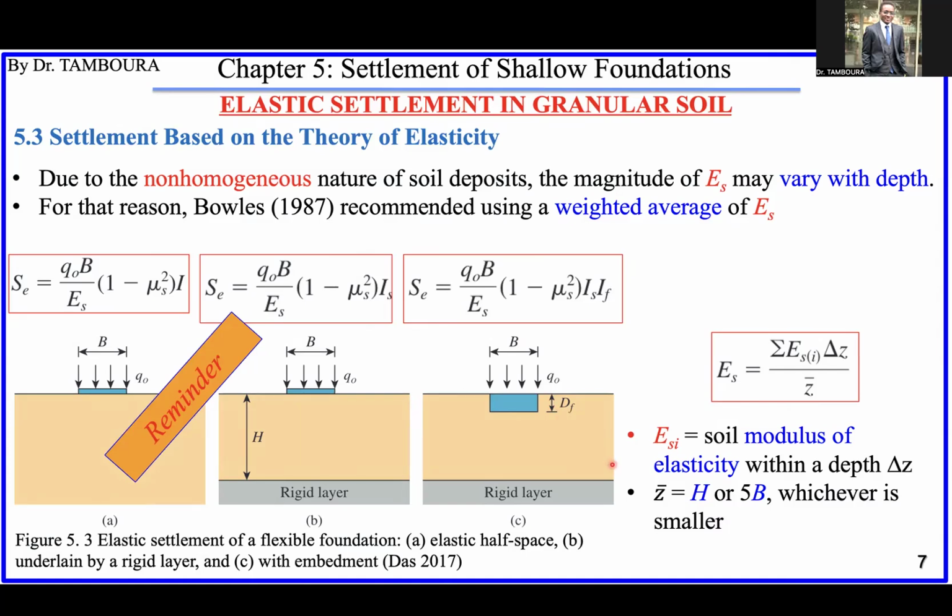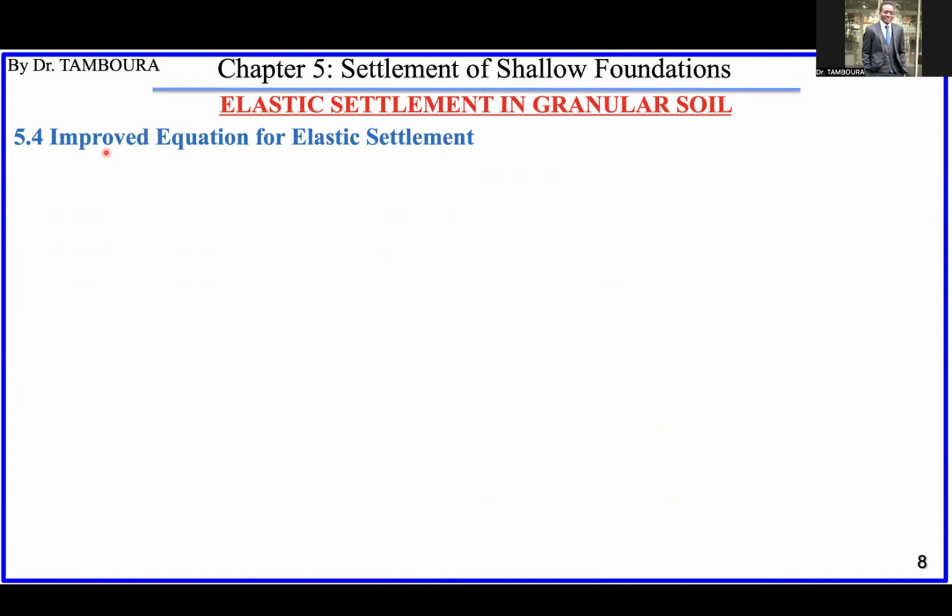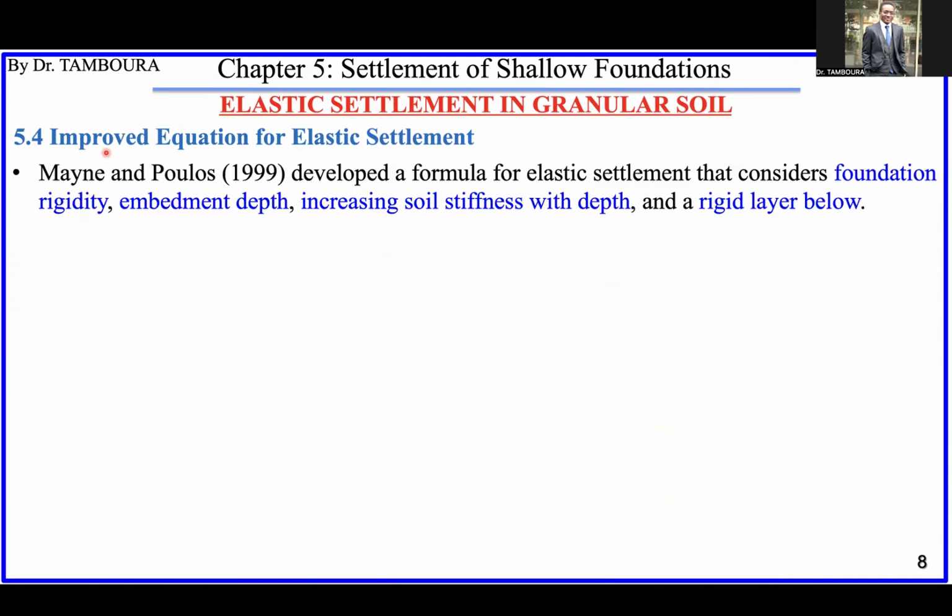So how to consider that in the estimation of the settlement? Okay, so this is what we need to see in this section. This was section number 3, and let's go now to section number 4. So, improved equation for elastic settlement.